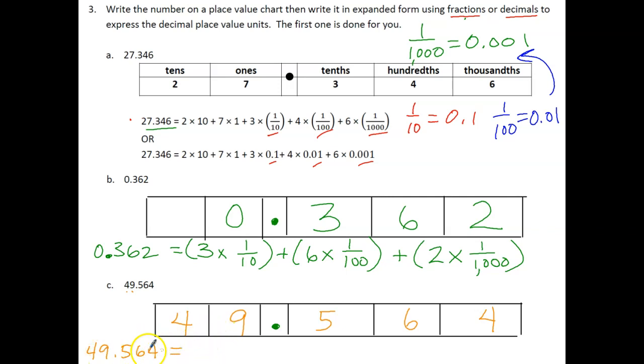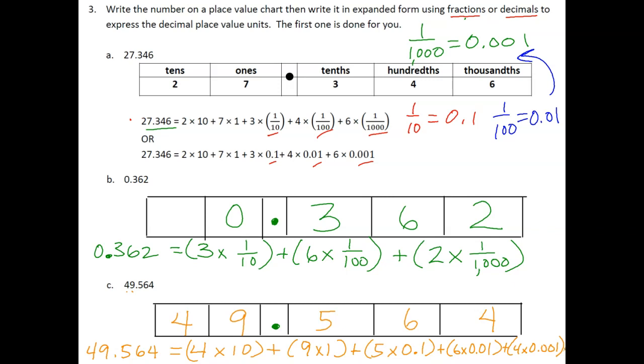So now I'm going to put my 4 times 10 plus 9 copies of 1. 9 times 1 plus, room here, 5 copies of, what place value is that in? 1/10. 6 copies of 1/100, and 4 copies of 1/1,000.